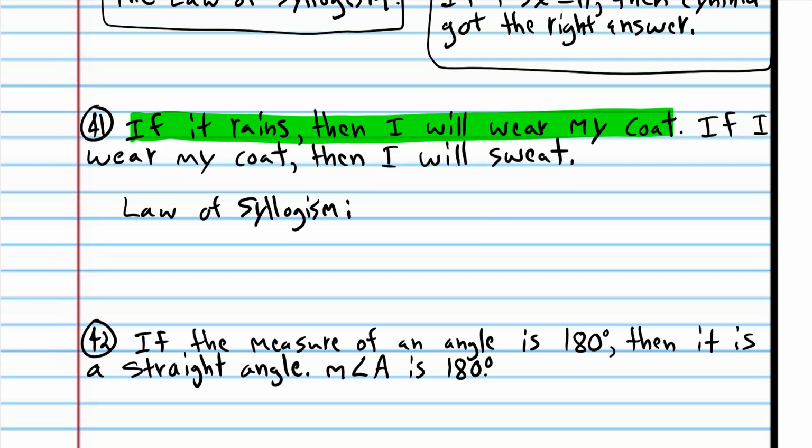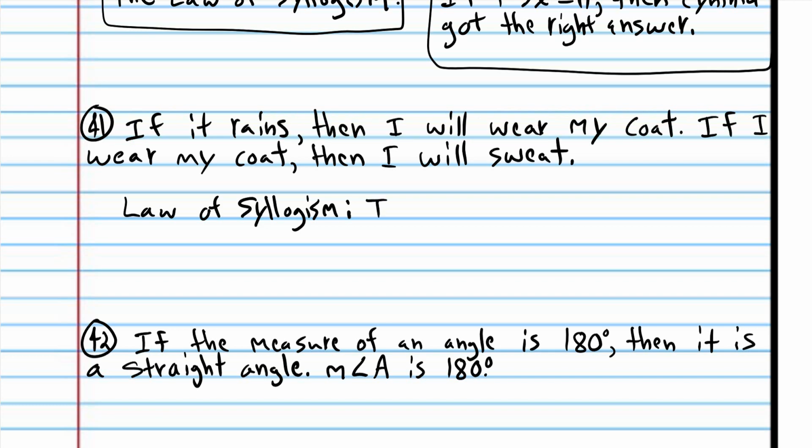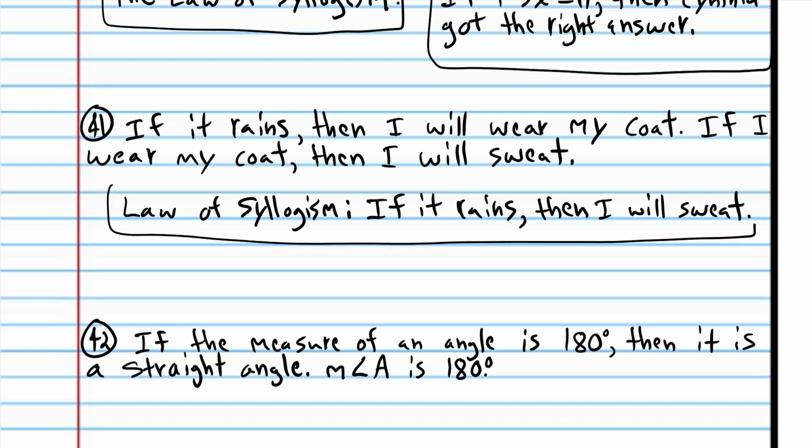So that's the law of syllogism. So then we can make the conclusion, if it rains, then I will sweat. Again, we use this type of logic every day in our lives. It's very simple deductive reasoning.